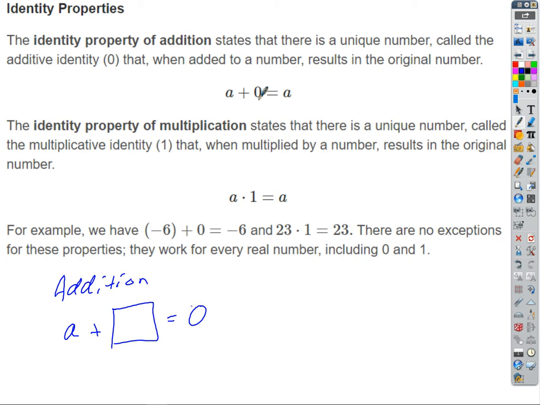We want to know what we would add to a number A to get the answer that's equal to its identity, which we already said was 0, right? That's how inverse and identity, they both start with I, go together. The inverse is what you add to something to get the additive identity 0. Well, what would I add to A to get 0? Negative, whatever the number is, so call it negative A.